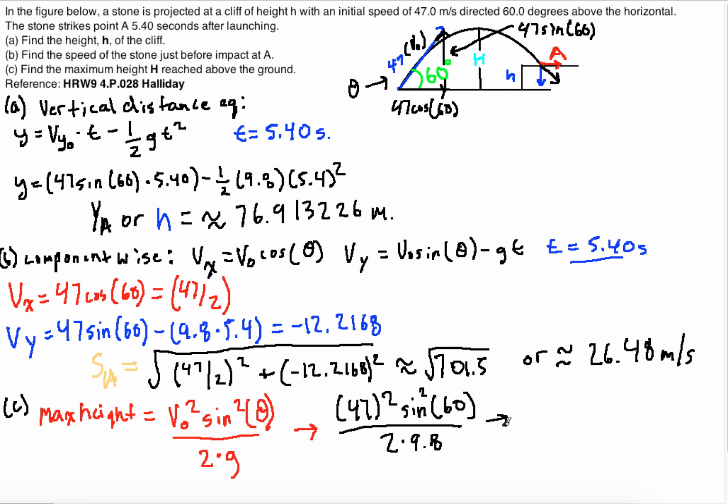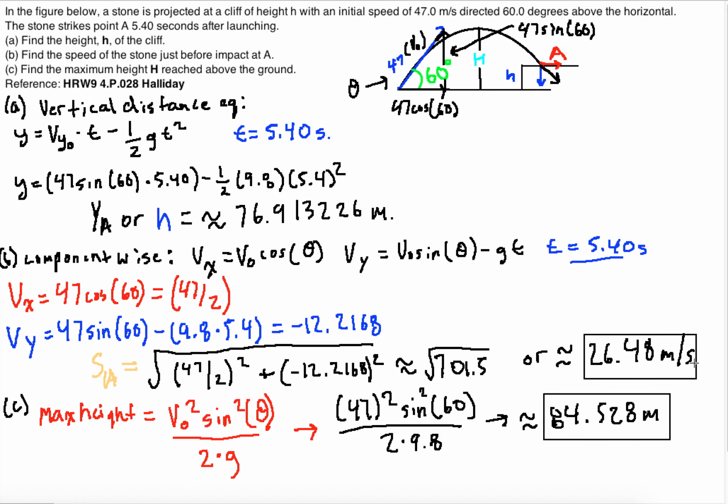Evaluating this, we get about 84.528 meters. And for your convenience, let me just box these in. Here's 84 meters, 26 meters, and then here's the first one. So that's the maximum height of the system.